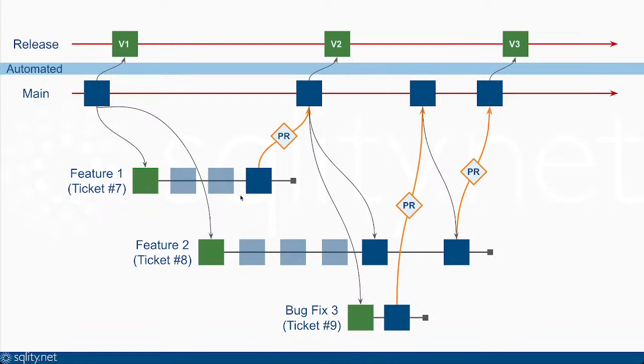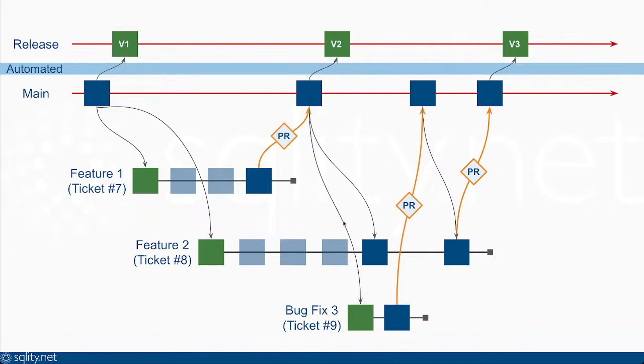Then you do the development on feature branches where you basically make a copy of the main branch into the feature branch, do your development, and then do a pull request to get them merged back into the main branch. And those feature branches, as well as bug fix branches, are linked to a ticket in your ticketing system, which gives nice traceability. It not only tells you what happened, but really what led to that change, which is usually a change request, a feature request, or a bug report.